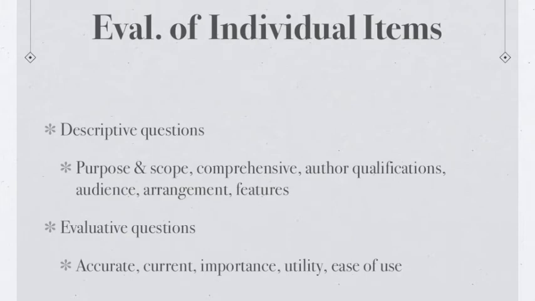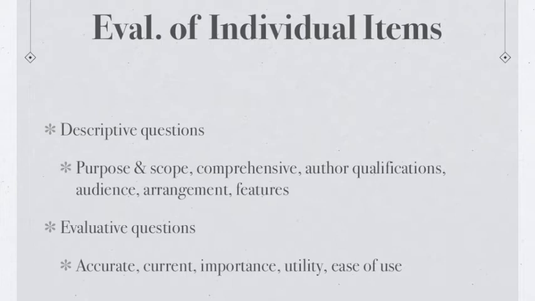Evaluation of individual items. While the emphasis here is on the evaluation of a collection of items, evaluation may also involve particular items within the collection. In the original selection decision, the evaluation was probably done by the reviewer rather than a collection developer. In evaluating individual items, we use the same criteria used by reviewers.